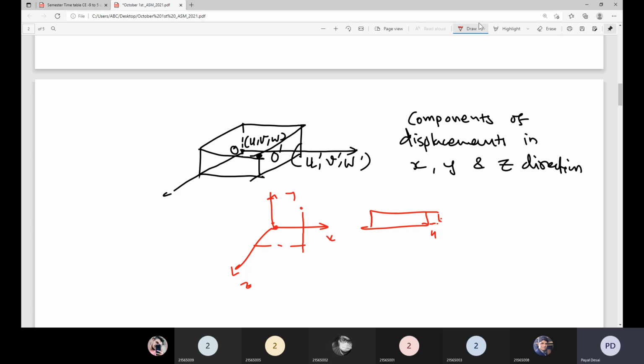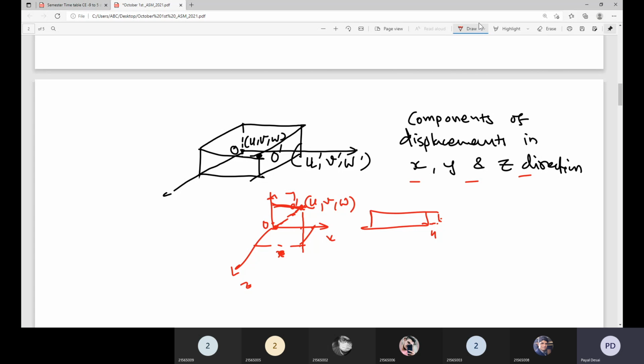In a 3D body, the point O moves from O to O dash, then the projections of these components on the X, Y and Z axes are U, V, W. Those are the projections of the displacement components.